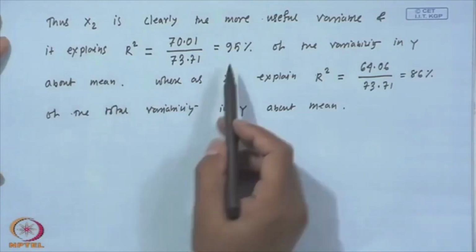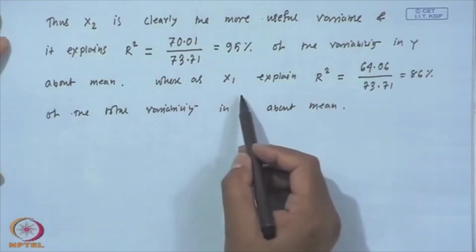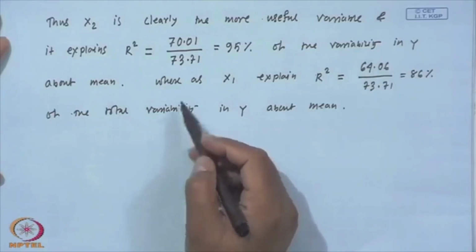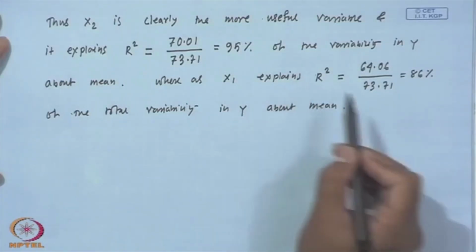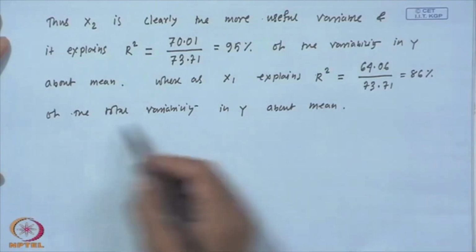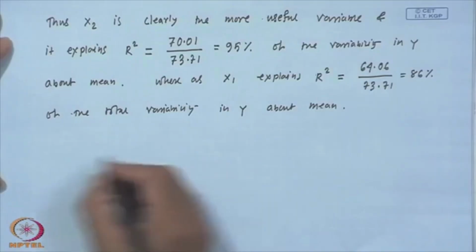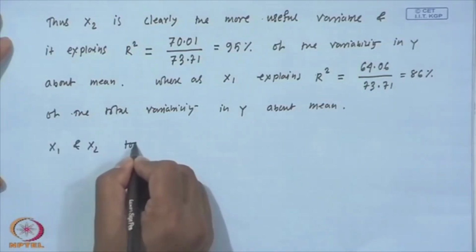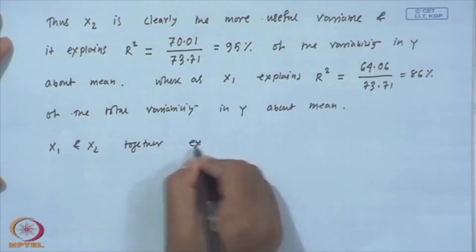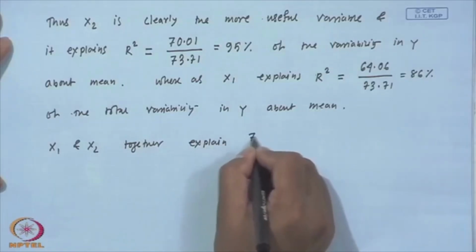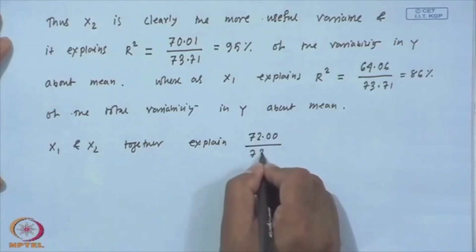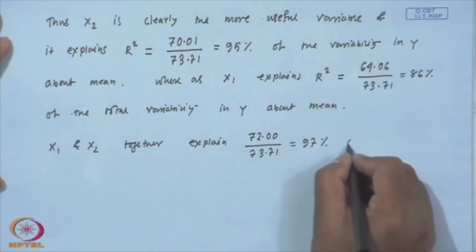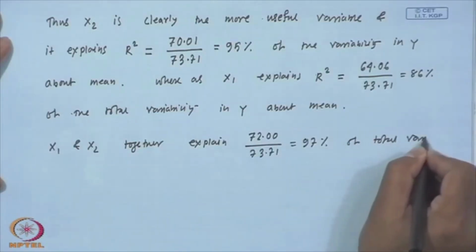So, x 2 explains 95% of the total variability in y, whereas x 1 explains 86% of the total variability in y. Okay. And x 1 and x 2 together explain 72 by 73.71, that is 97% of total variability.